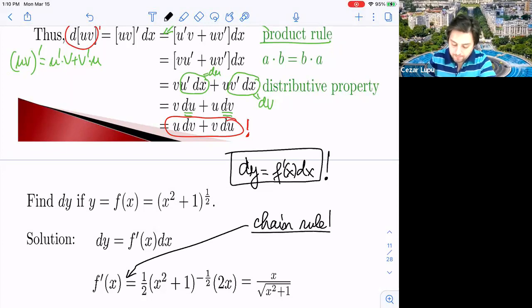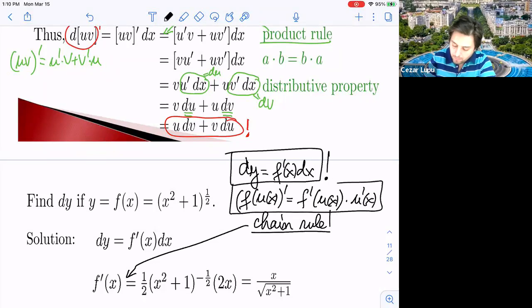So remember we have something like f of u of x, everything prime, which is f prime of u of x times u prime of x. Well, in our case, u of x is nothing else than just x squared plus 1.